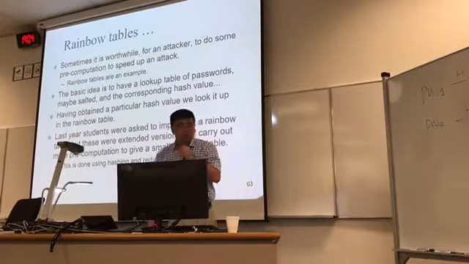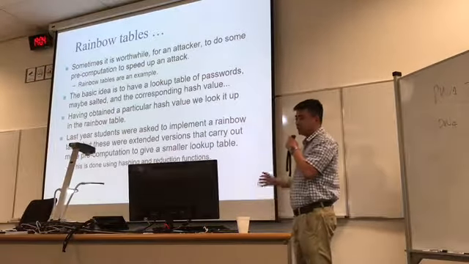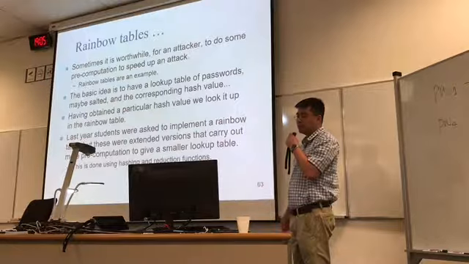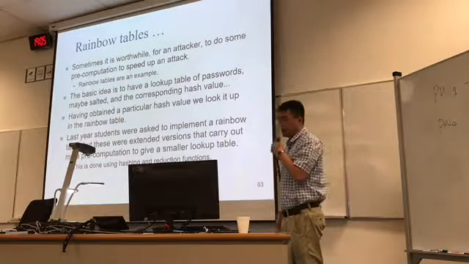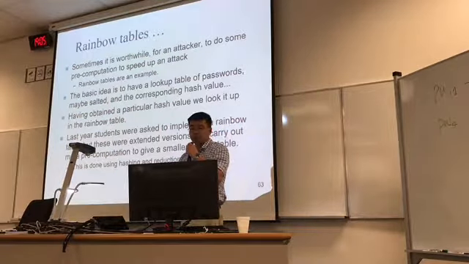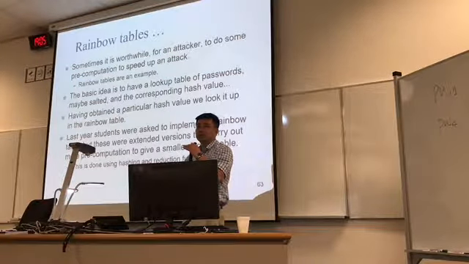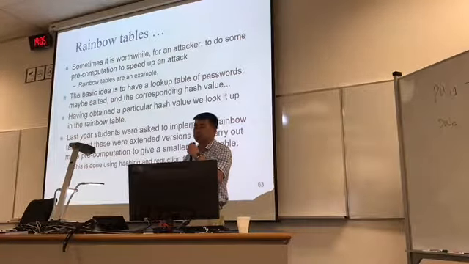Okay, so the next part, which is also related to assignment one, is the so-called rainbow table. Remember in the previous lecture we looked at the dictionary attack and the brute force attack. In those attacks, we assume, for example, the hashed password stored in a server may be stolen by an attacker.